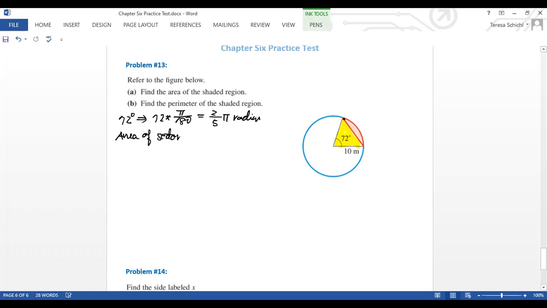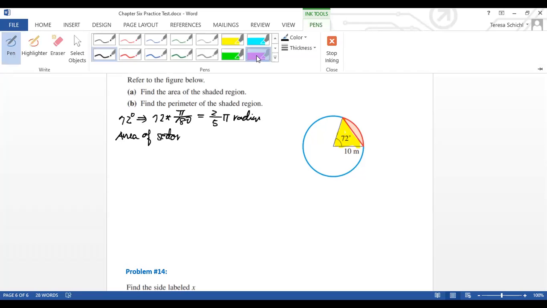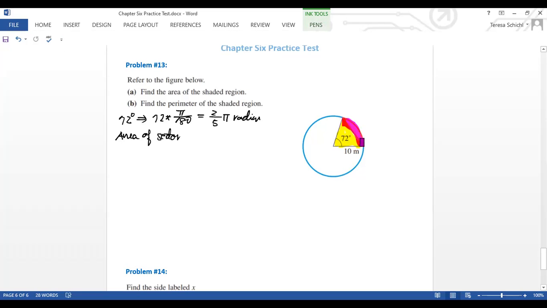Okay, now we can use the formula we learned for the area of the sector. That means this area, right? So the area of the sector, that means this purple area here, right? If you remember, the formula is 1/2 what? R squared times the angle. And of course, the angle has to be in radians, right? So this will be 1/2.